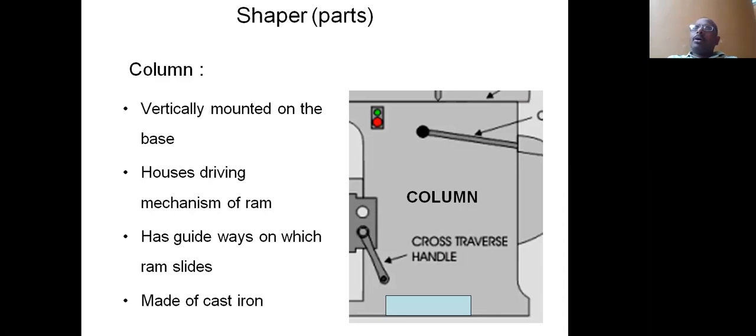In order to absorb those vibrations, this column is made of cast iron. The vibrations produced either due to the varying speed of the ram or the continuous running of the driving mechanism and power source are easily absorbed. That is the reason why this column is made of cast iron.